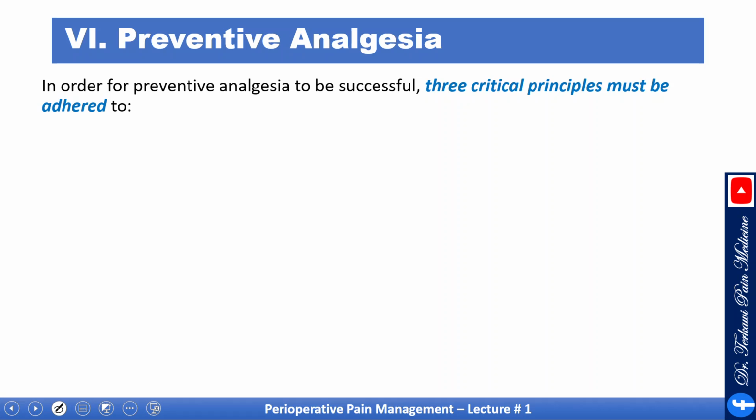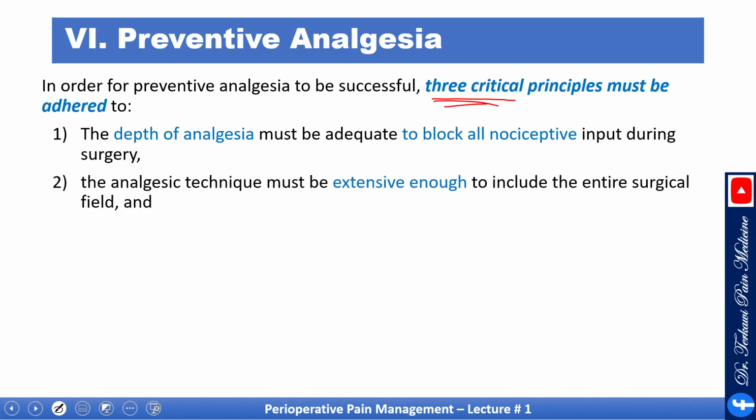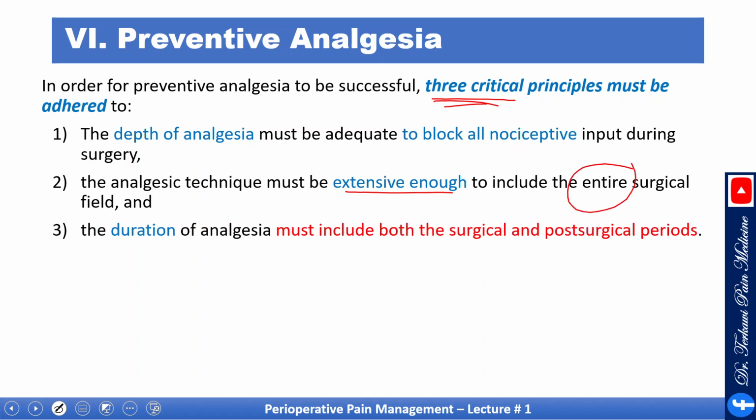Now, for preventive analgesia to be successful, there are three critical principles that must be adhered to. First, the depth of analgesia must be adequate to block all nociceptive input during surgery. Second, the analgesic technique must be extensive enough to include the entire surgical field. Third, the duration of analgesia must include both the surgical and post-surgical period.